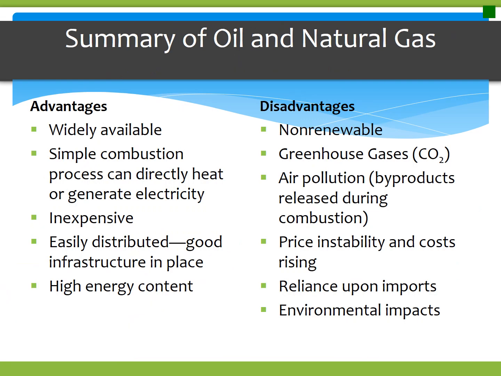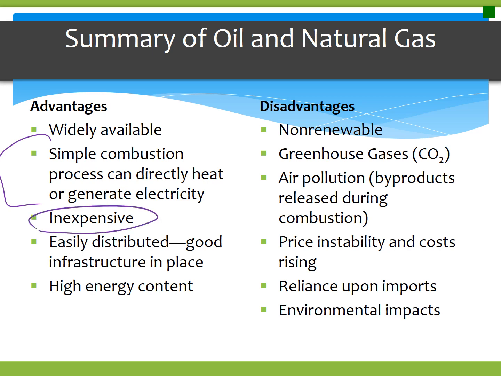All right, so a summary of oil and natural gas. There are positives, but there are also a lot of negatives, right? First off, what is an advantage of oil and natural gas? It is widely available. That means we can find it throughout the United States. It's not in a very small part of the world; it's seen throughout the entire world. It's a very simple combustion process, meaning you're not dealing with nuclear reactions. It's extremely easy, and you can use that energy directly into heat and electricity.